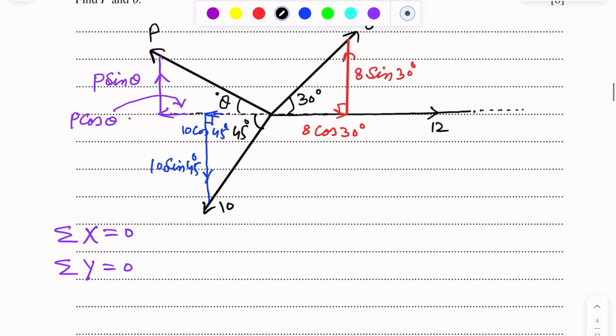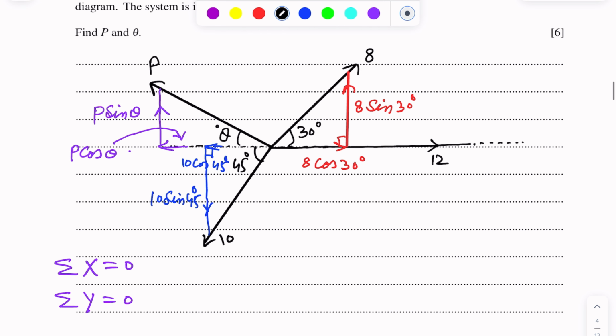So first we will find the sum of horizontal forces: 12 plus 8 cos 30 because the direction is same, and the other force that opposes along the x-axis is 10 cos 45 degree. We will subtract it, and another force that is P cos theta along horizontal.